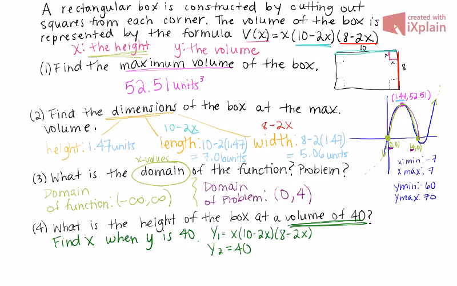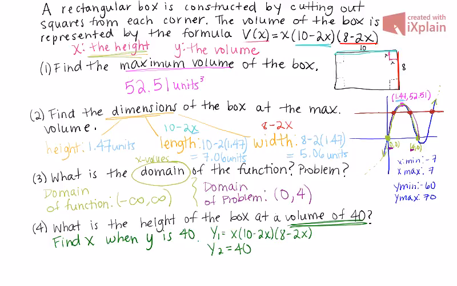So if I graph the line y equals 40, I will get a line across my graph like this. And then I could see that this intersects my graph at 1, 2, 3 spots. So I will use the intersection feature, which is second trace, and then you hit number 5 for intersect. I'll use the intersection feature to figure out what these 3 points are.